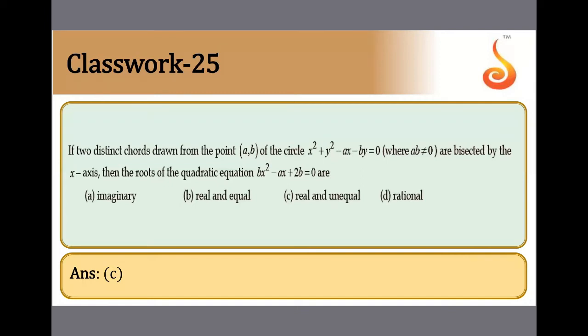The circle is x square plus y square minus ax minus by equal to 0. It means it is passing through the origin. I'll take the whiteboard. This is a circle. On this circle, A comma B is there. Okay, I'll draw a more elaborate diagram. Like this.